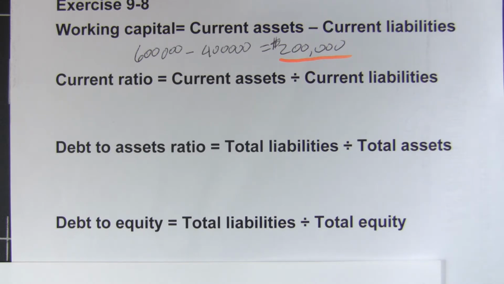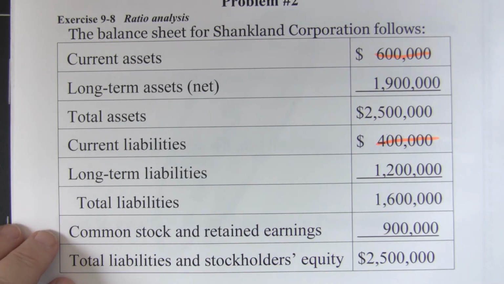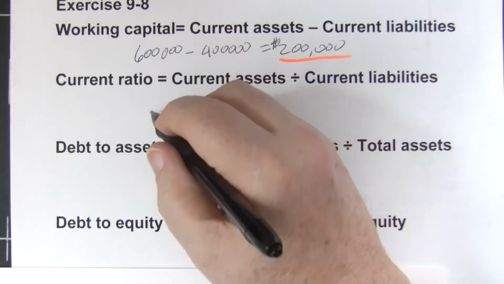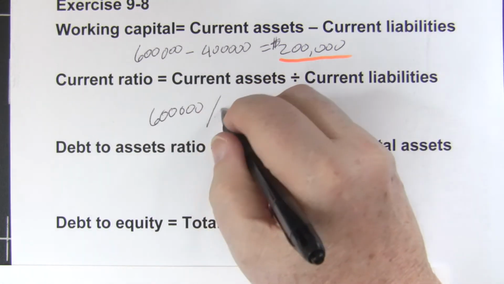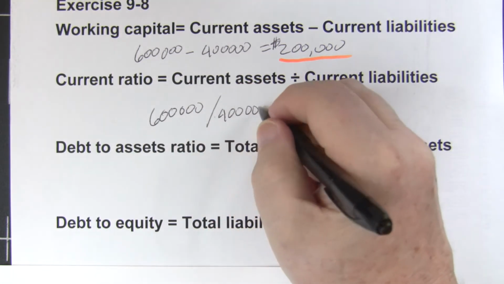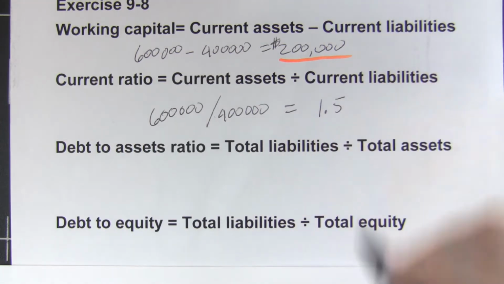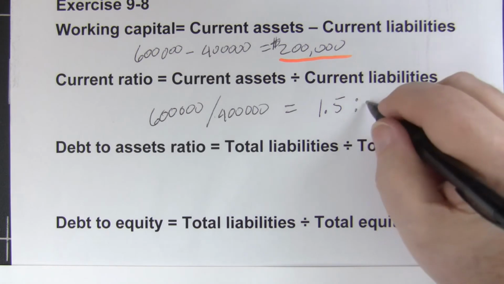That's an important number. The next number takes those same two numbers, the current assets and the current liabilities, but instead it divides them. It takes the current assets divided by the current liabilities, and you come up with a ratio of 1.5 to 1.